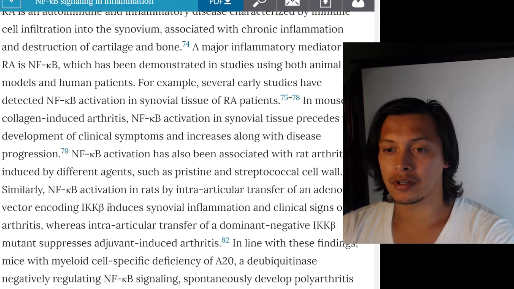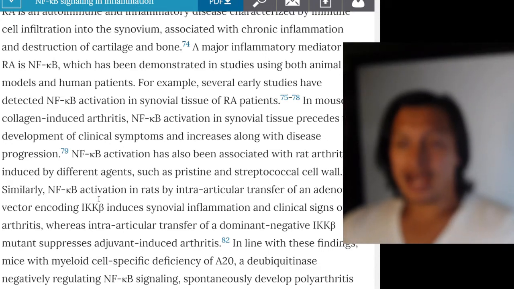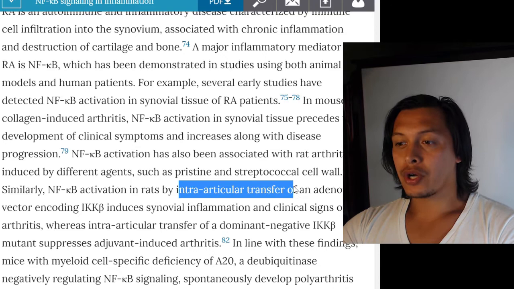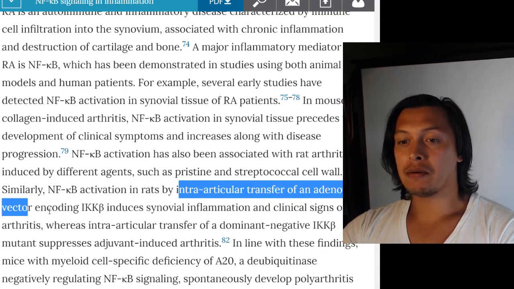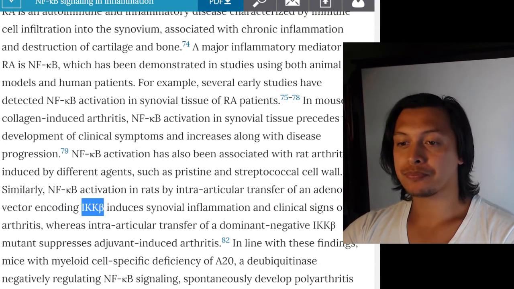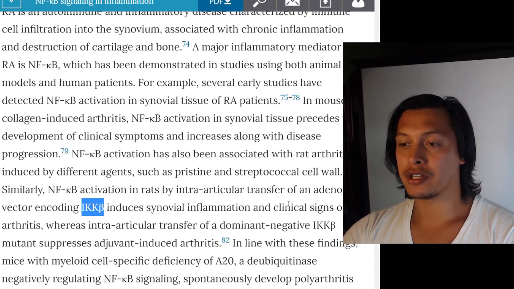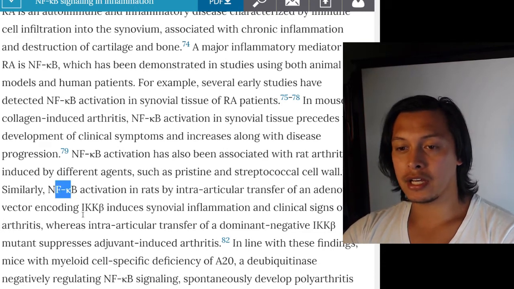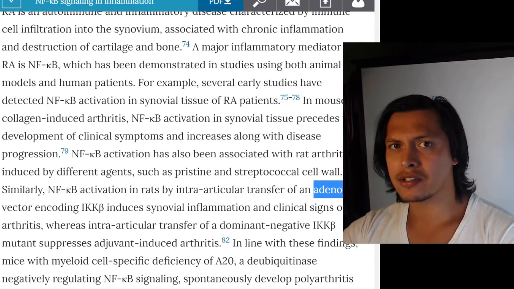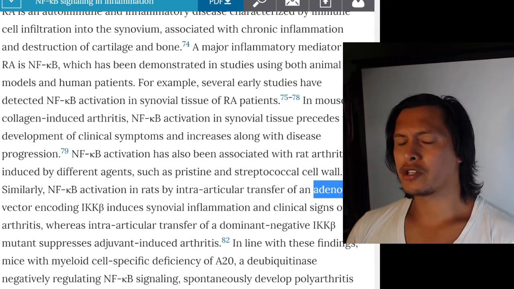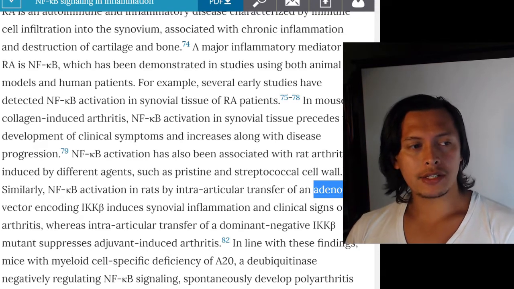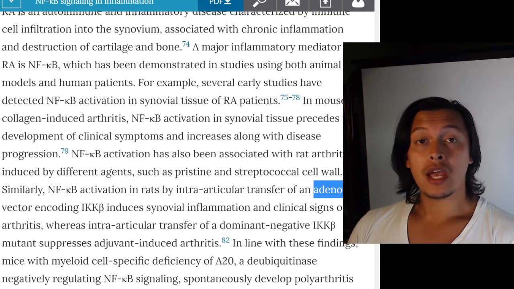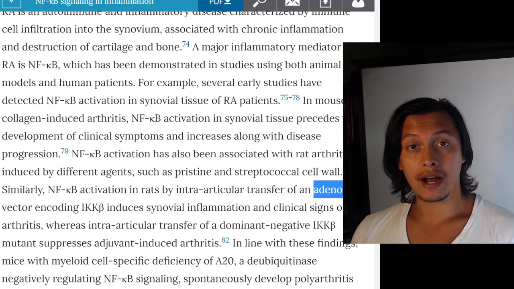So, continuing, similarly, nuclear factor kappa B activation in rats by intra-articular transfer of an adenoviral vector encoding IKK beta induces synovial inflammation and clinical signs of arthritis. Basically, frequently we will use adenoviruses, or lentiviruses would be another form, which I believe are actually from HIV. But regardless, you can take viruses and genetically engineer them so that they can have genes of interest in them.